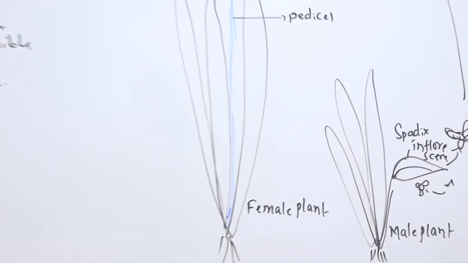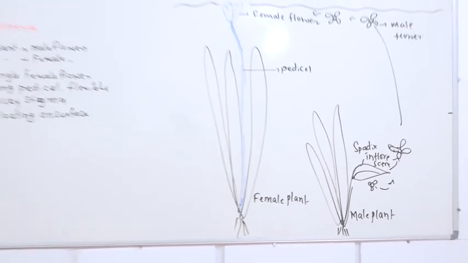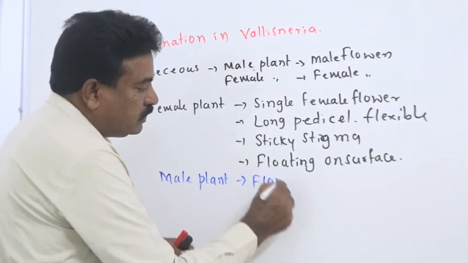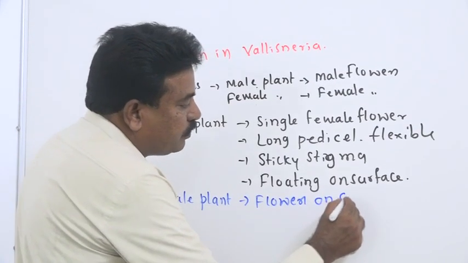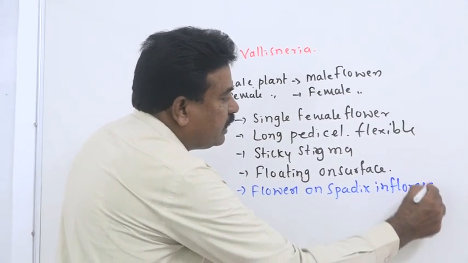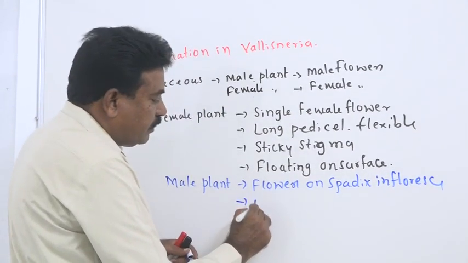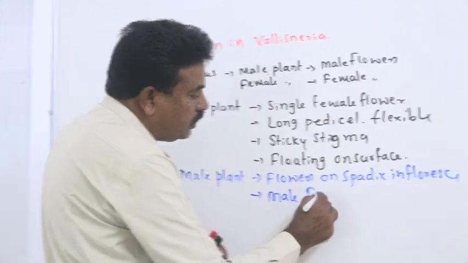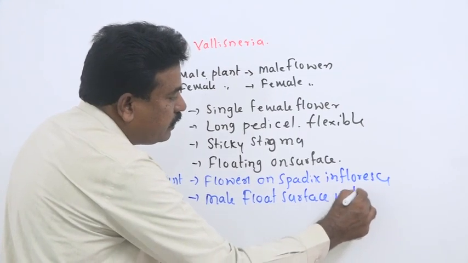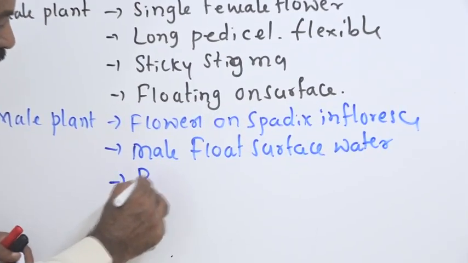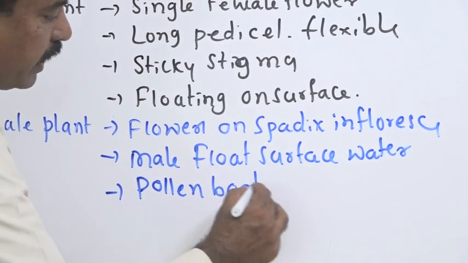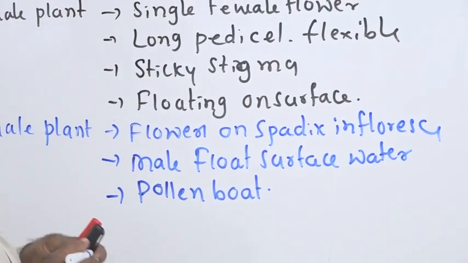Then, if you consider the male plant, that male plant bears flowers on a spadix inflorescence. Once they are released, the male flowers float on the surface of the water, and they have a specialized petal arrangement, and they form a boat-like structure that we call pollen boat.